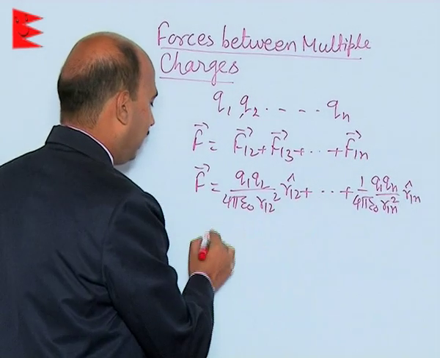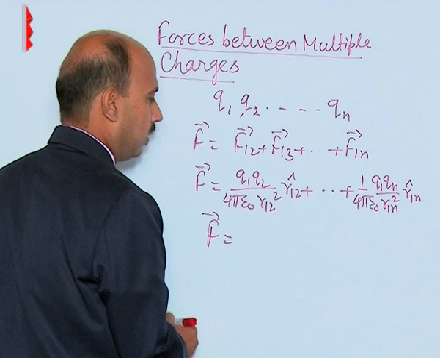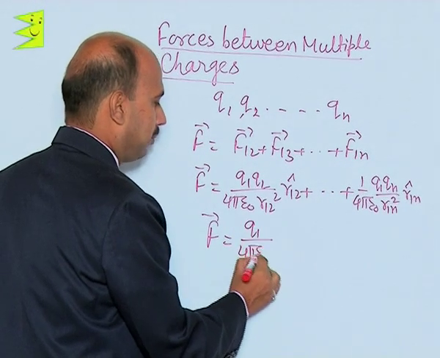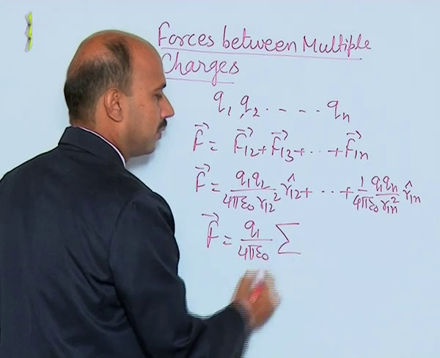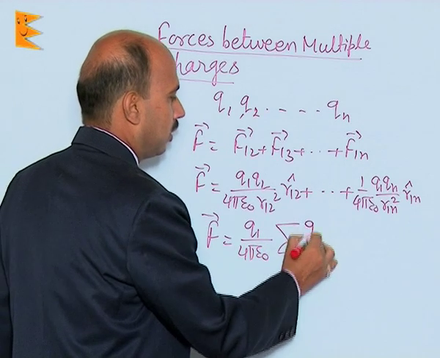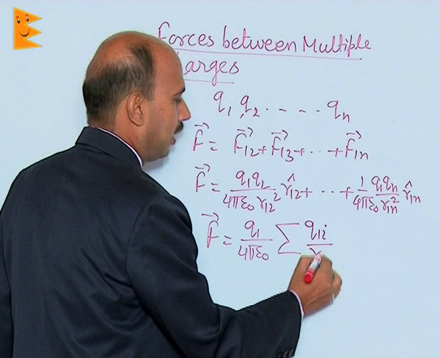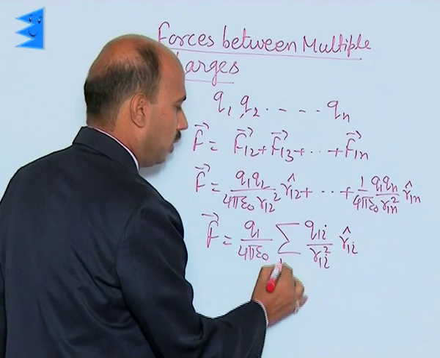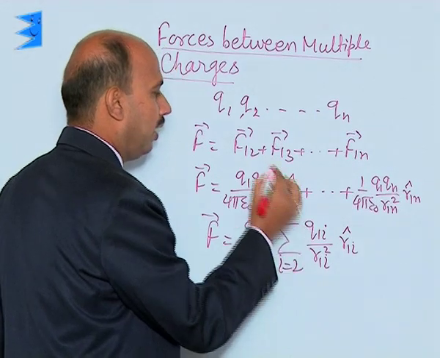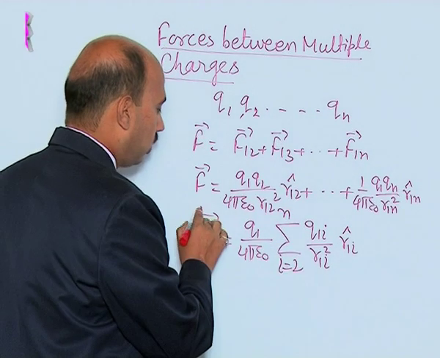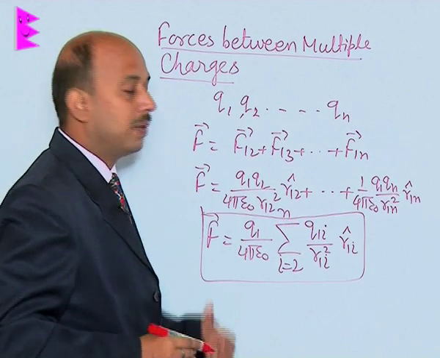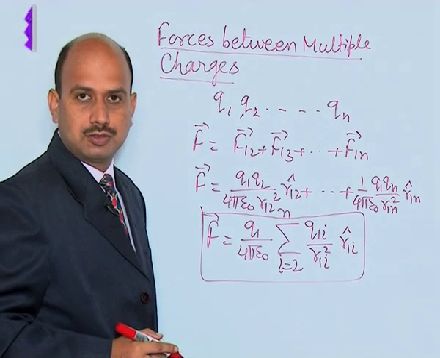So we can write also in this form: F is equal to, we can take common q1 here, 4 pi epsilon naught, sigma q1i divided by r1i square, r1i unit vector, where i is equal to 2 to n. So this is the total force acting on the charge q1 due to the presence of the n number of the charges.